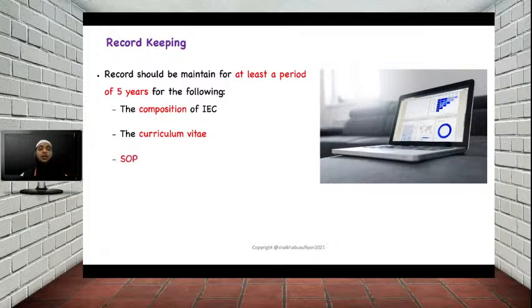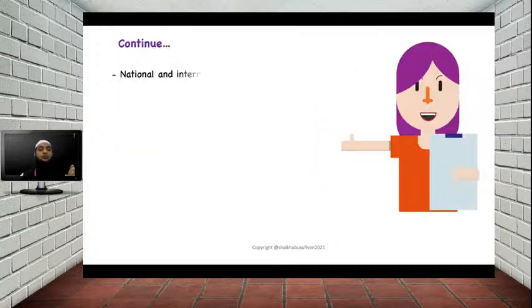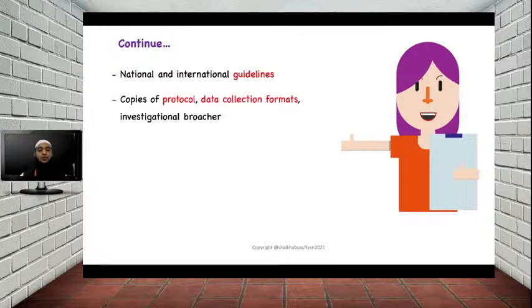Then the standard operating procedures which were proposed by the investigator and sponsor and approved by the institutional ethical committee. Then the national and international guidelines that you are following for the said trials should also be maintained as a record. Then copies of the protocol, data collection format, and investigational brochures.